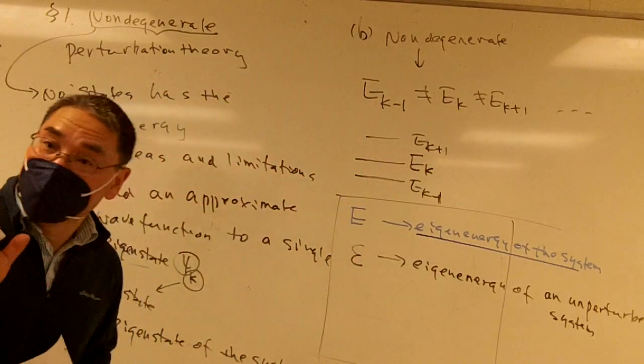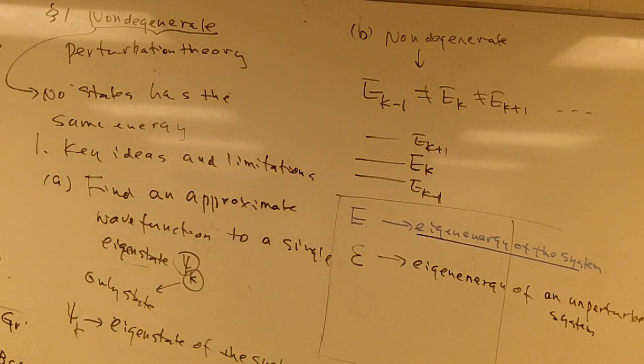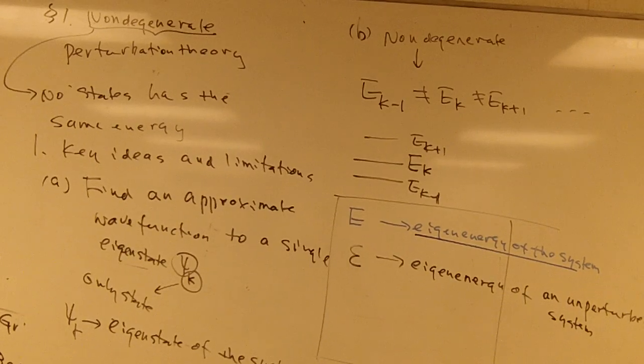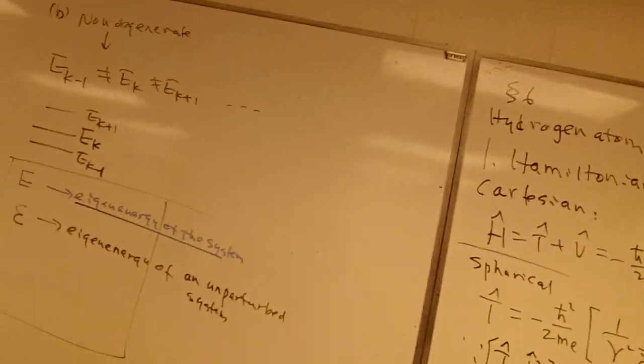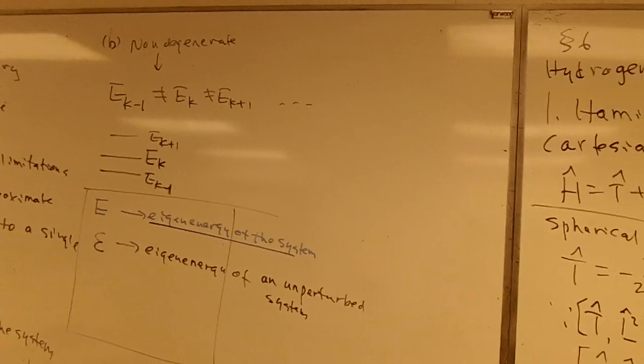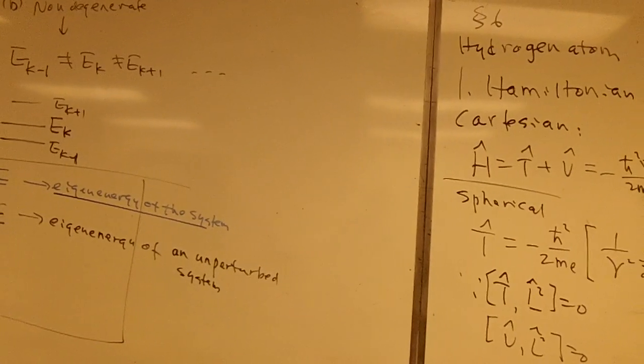Now, two keywords show up. You need to pay close attention. One is the perturbed system. The other is the non-perturbed system. These two are different. That is quite important.